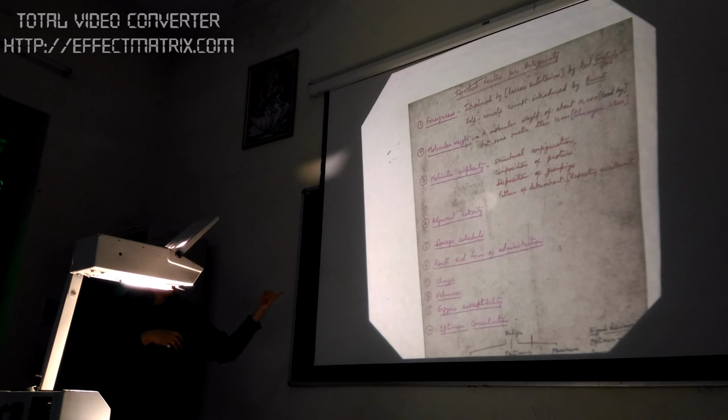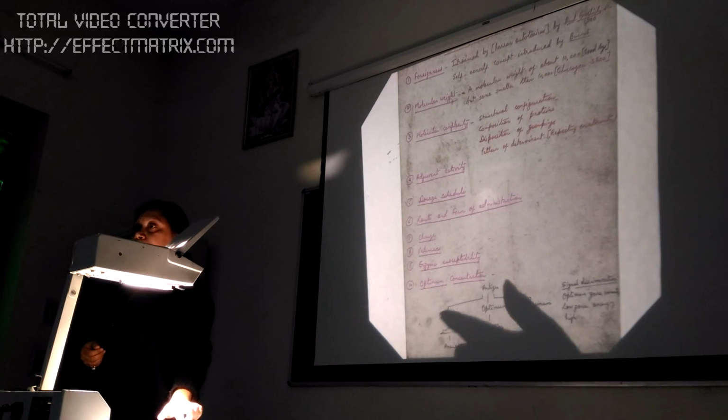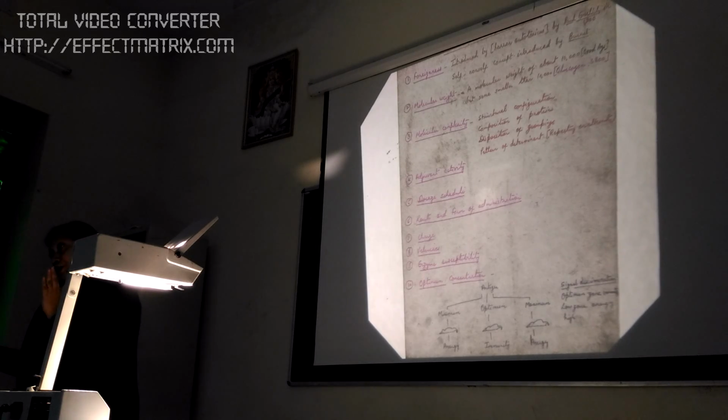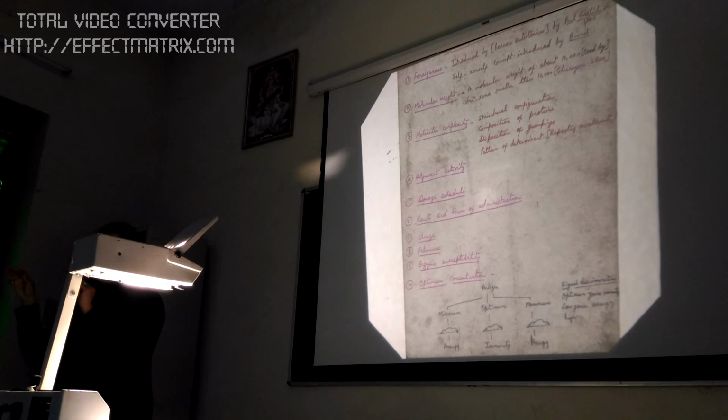Then charge and valencies, they are related with the chemical structure. Then enzyme susceptibility, it is not very important. The very important thing is optimum concentration. An antigen given in optimum concentration generally gives a suitable or optimum immunological reaction.